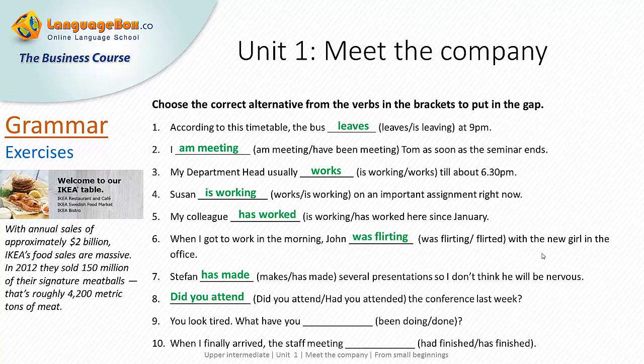Now, number 9, you look tired. What have you been doing, or what have you done? So we need to talk about the past here, and we can see a result in the present. You look tired, and there must be a reason why you look tired. So what is the reason? This is what we're asking you, and it must be something you've done.